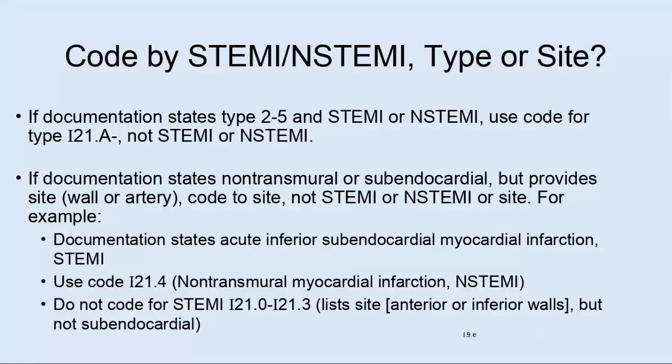So here are some guidelines. Do you code by STEMI? Sometimes the documentation may overlap for several different codes, including information about STEMI and NSTEMI, type and site. And here are the guidelines for that. If the documentation states type 2 to 5, STEMI or NSTEMI, use the code for type, not the STEMI or NSTEMI.